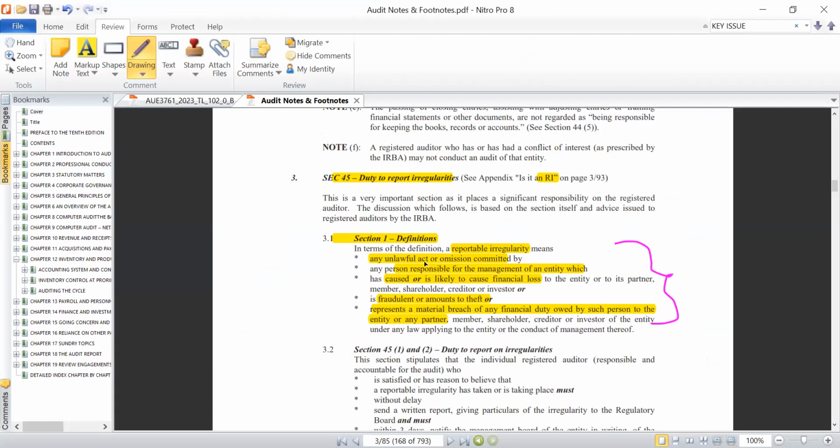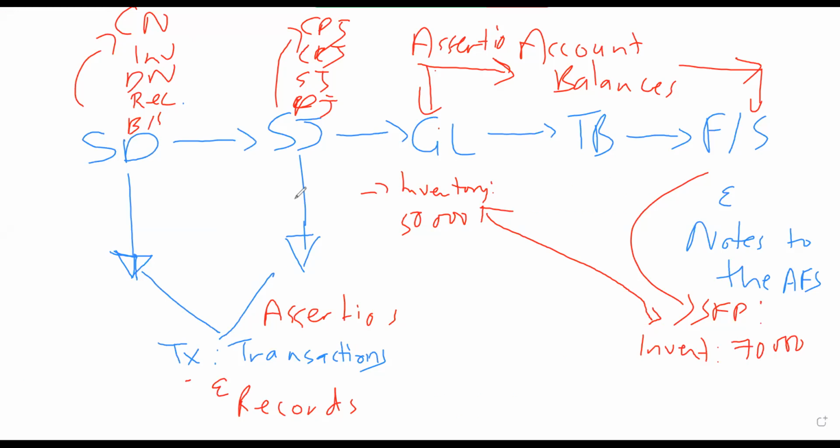Unlawful acts, omissions. So maybe the balance we are having over here is a transaction that we have captured. Maybe it was just an omission because by the time we received the bank statement, we only had X amount of transactions.